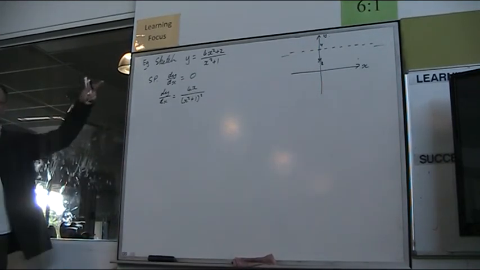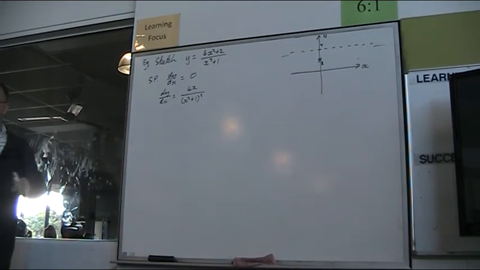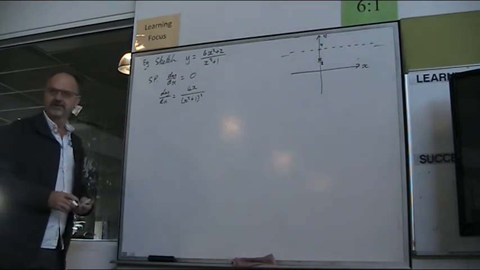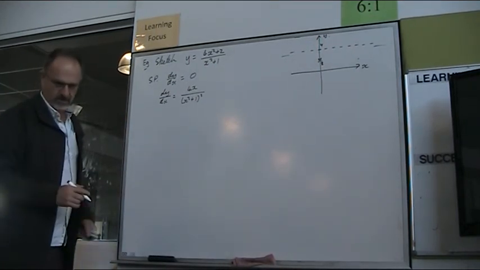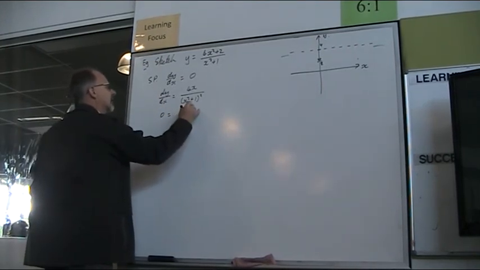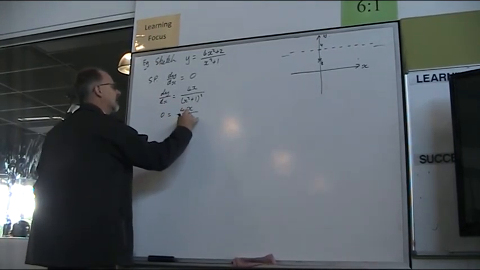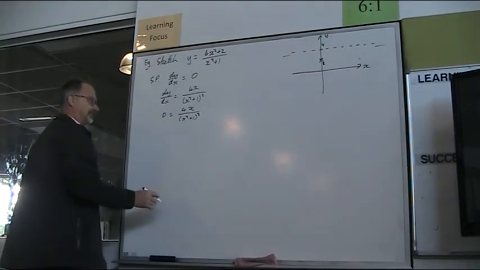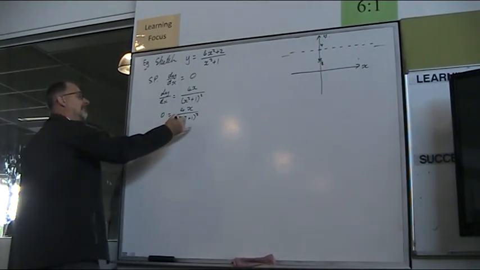I'm not going to go through the quotient rule, you know how to do that. So we're going to make that equal 0, so 0 equals 4x over x squared plus 1 squared.